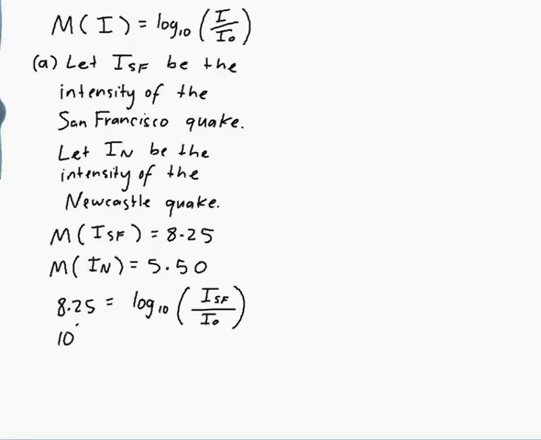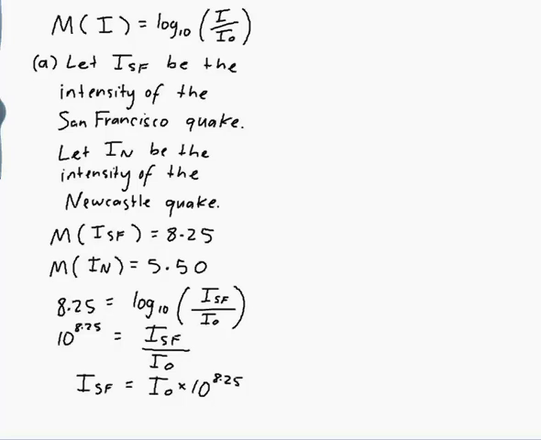So 10 to the power of 8.25 is equal to ISF on I0. So multiplying both sides by I0 and flipping it around the other way, ISF is equal to I0 times 10 to the power of 8.25.